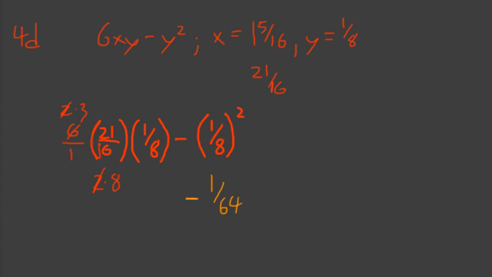So let's rewrite this as 3 times 21 over 8 times 8, and then minus 1 over 64.